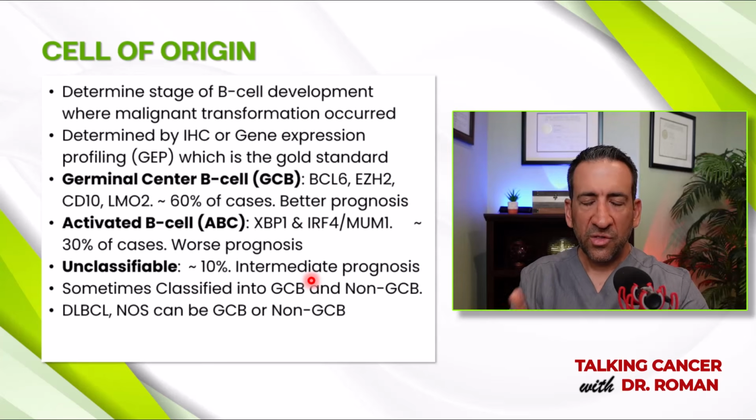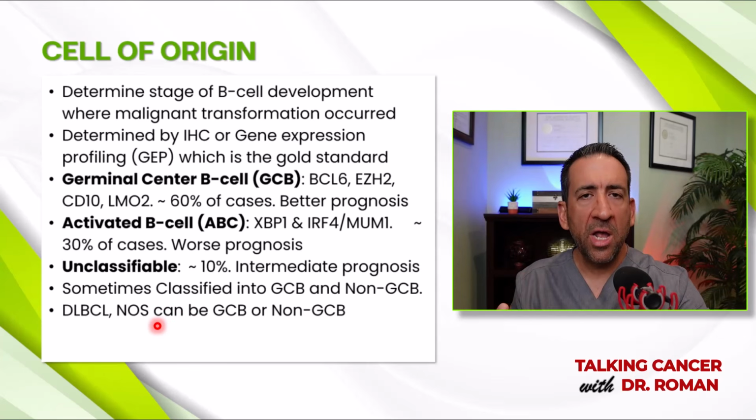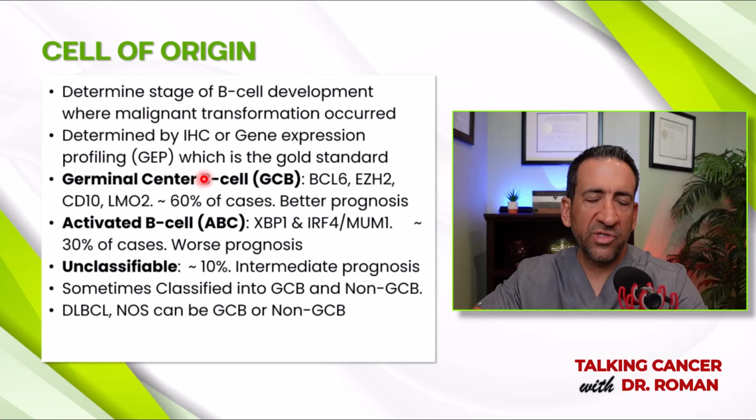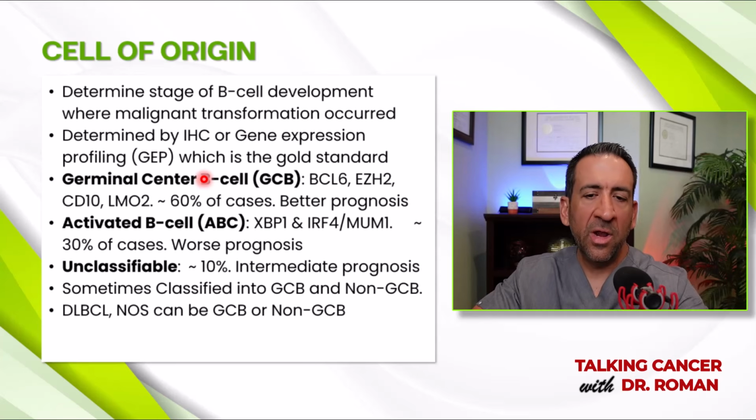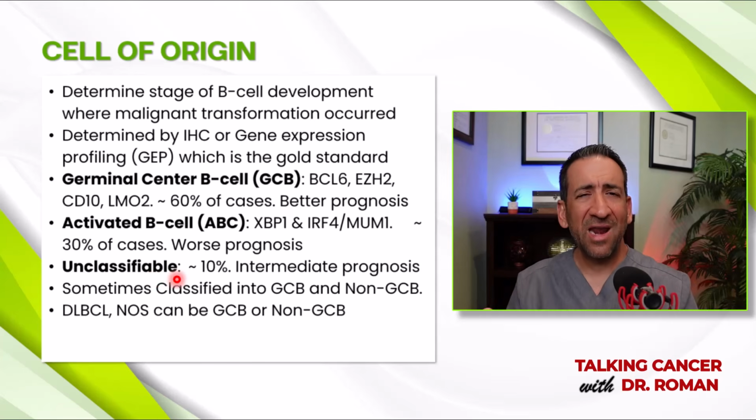Now, I'll tell you what I usually see in clinical practice. A lot of times, they will call it either germinal center or non-germinal center. So germinal center is telling you simply that you have a GCB, so the germinal center type. But if they say that you have a non-germinal center, it simply means that you're one of these two, either the ABC or the unclassifiable, because a lot of times they'll just clump those two together.